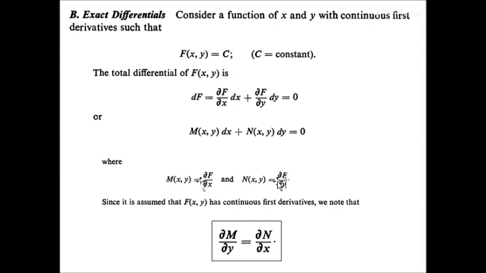So both of the right hand sides will be same, so del M by del y equal to del N by del x. So if any differential equation or any function has continuous derivative and it is an exact differential, then this equation must be satisfied, del M by del y equal to del N by del x.